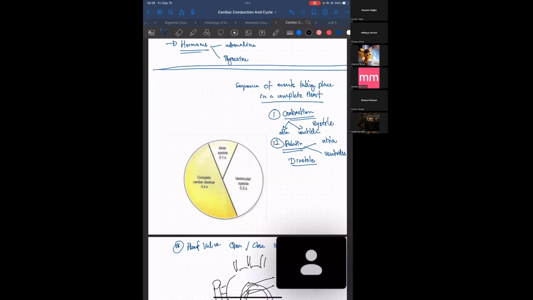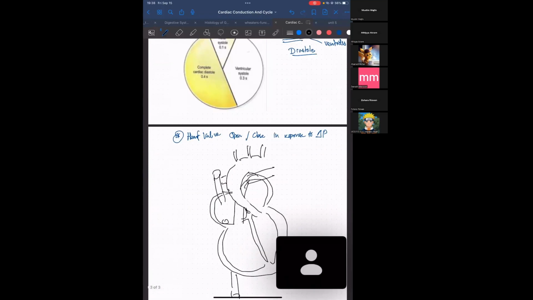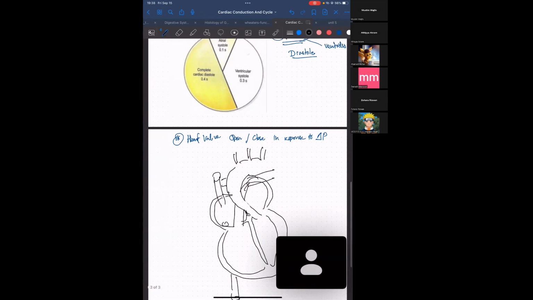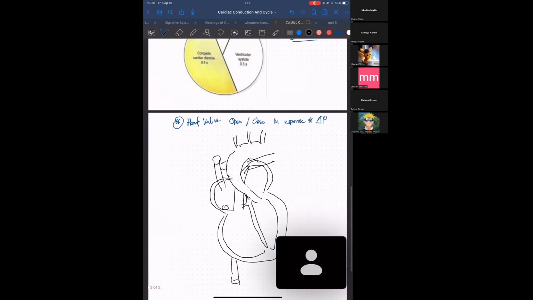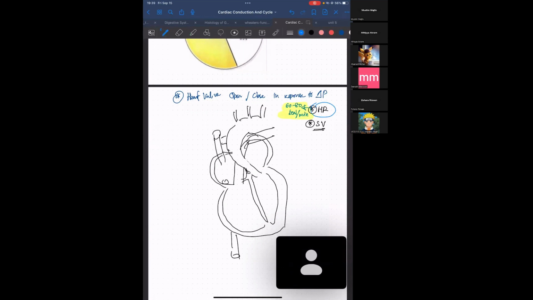The normal heart rate is 60 to 80 beats per minute. Stroke volume is the amount of blood that a ventricle pumps in one beat. It says a ventricle, which means it can be either ventricle, not both. To say both ventricles is wrong.